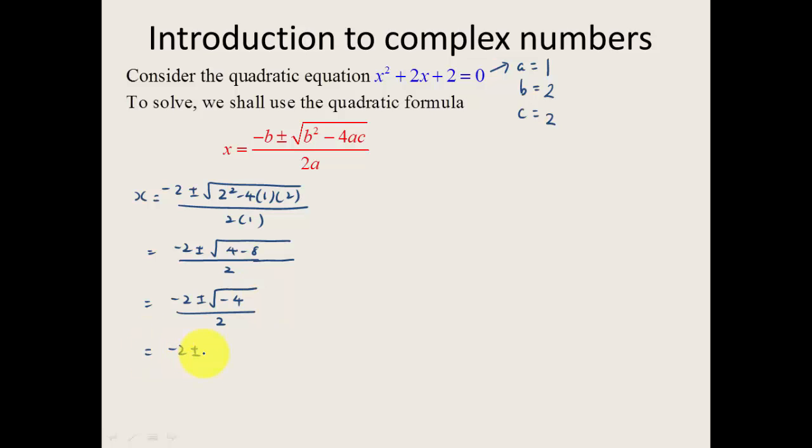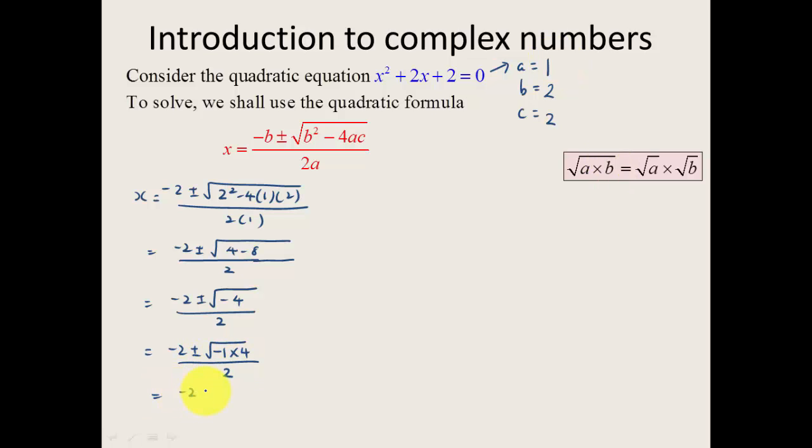Let me write the square root of negative 4 as negative 1 times 4. And recall this law of indices that says that I can split this square root up into separate square roots if what I have in the square root is a multiplication. So I'm going to do the same to what I have here.